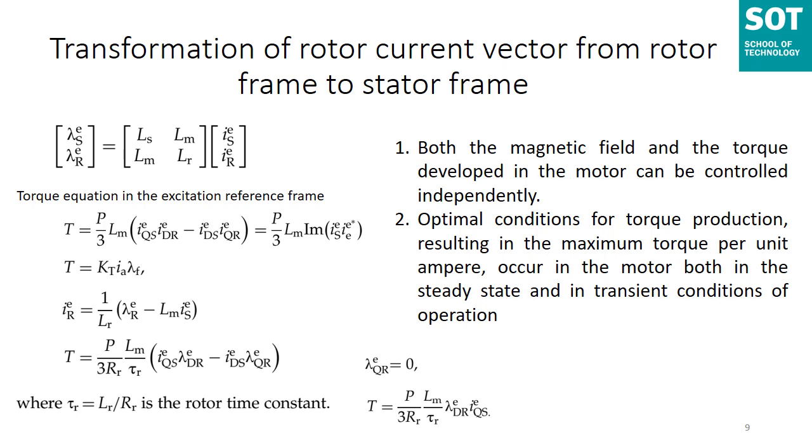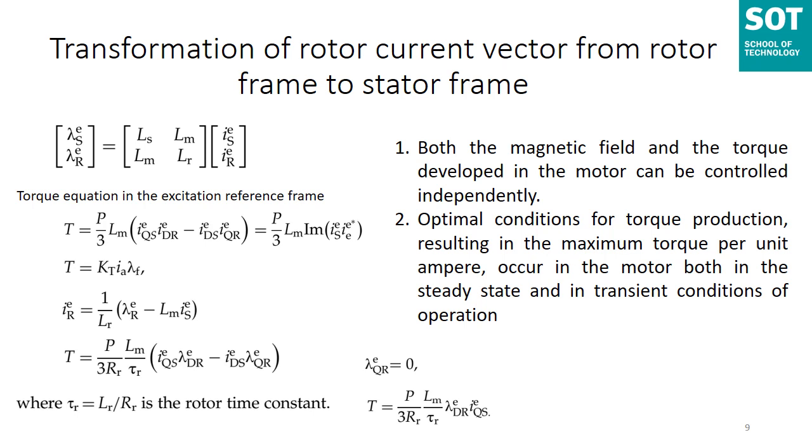So what we do, we use an equation of the current, the equation given in matrix form for lambda s and lambda r at the top of the screen, which you can see. We use that equation and get the value of current: IR is equal to 1 by LR times (lambda r minus LM IS). Again I repeat, this equation, the third equation after the equations of torque, is nothing but the equation which we can get from the matrix equation at the top.